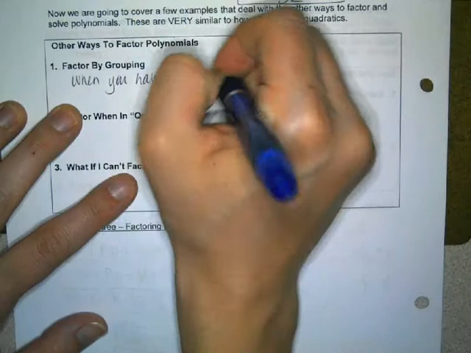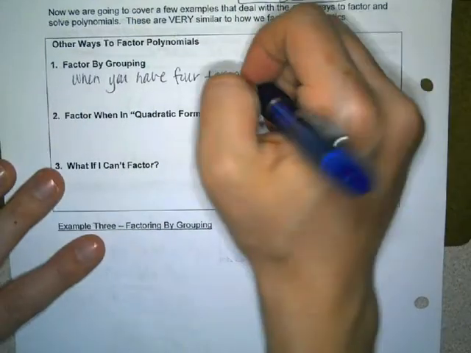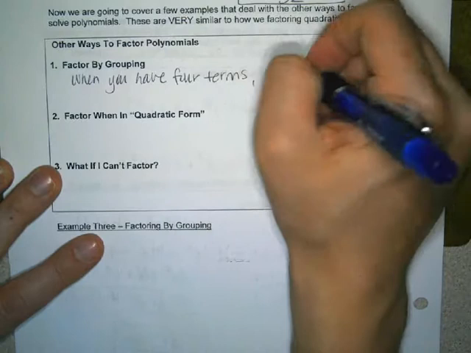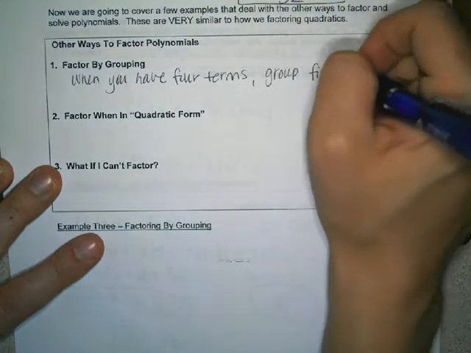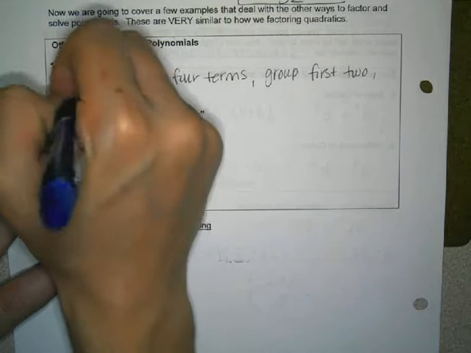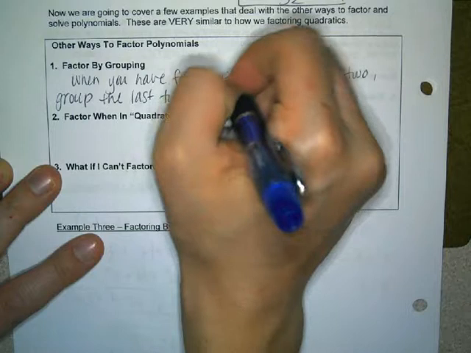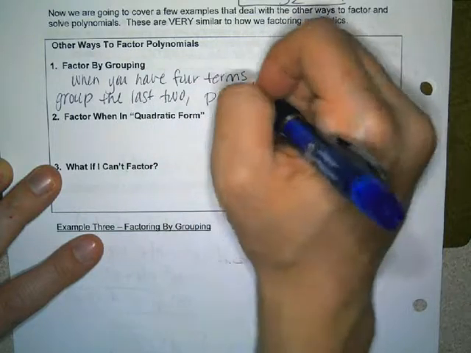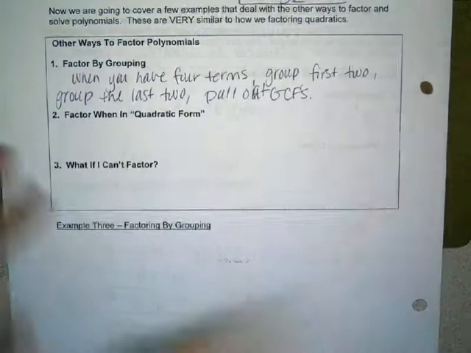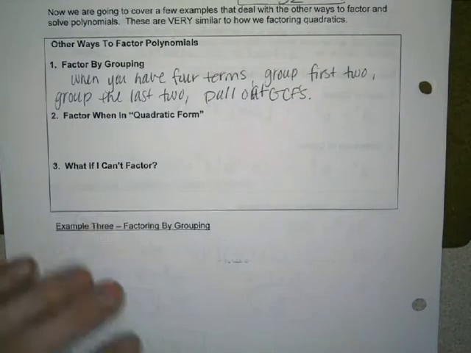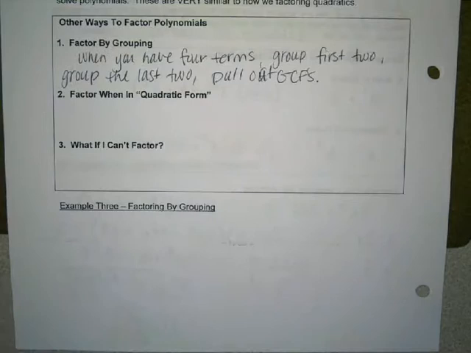This is when you have four terms: group the first two, group the last two, and pull out the GCF. Okay, this is going to look very, very similar to what you had before when we were factoring quadratics.